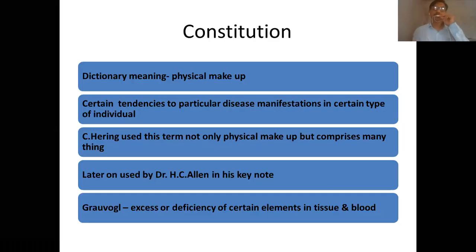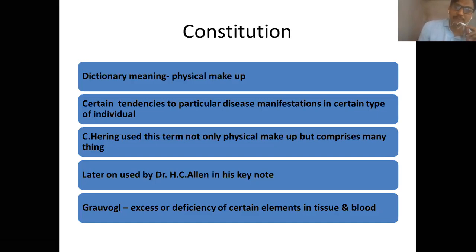So in the history of medicine, this word constitution has attracted attention right from the Greek medicine up to the Hahnemannian philosophy, or even up to the homeopathic persons, and they have found out there are certain tendencies seen in certain types of individuals in particular diseases, and so they have upgraded the use of this term constitution.